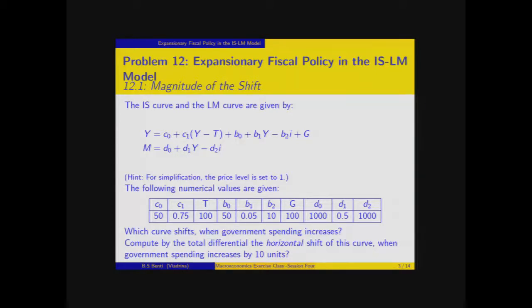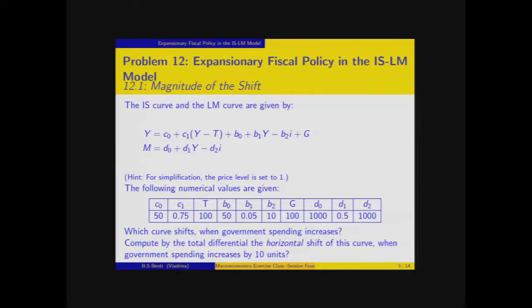For simplicity, we have set the price level to be 1, so we had M over P equal to d0 plus d1 multiplied by Y minus d2 I, but we have set P equal to 1, so we only have M in the LM representation. The numerical values are given for each variable and parameter in the formula.